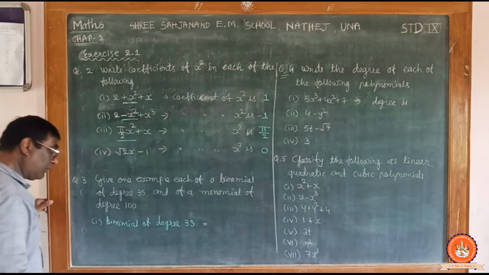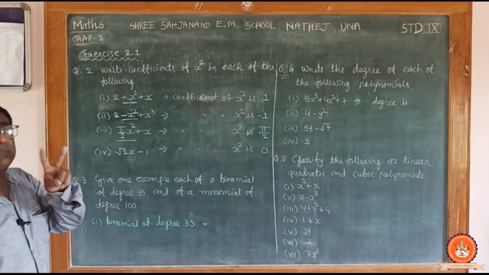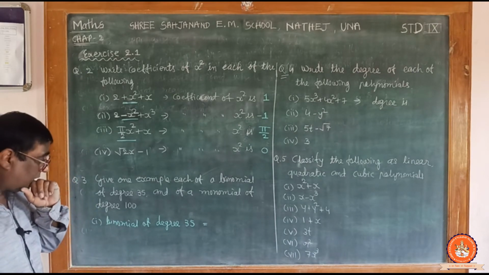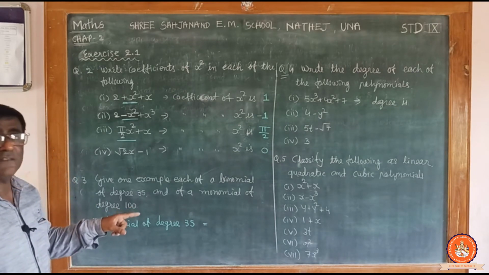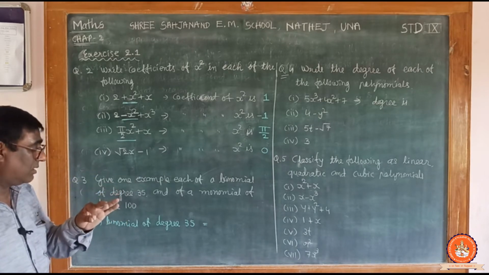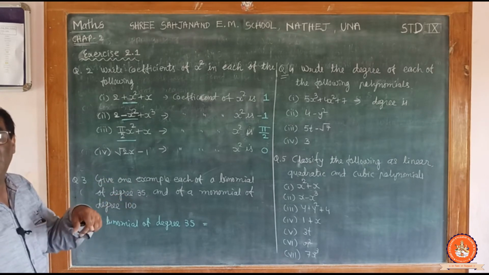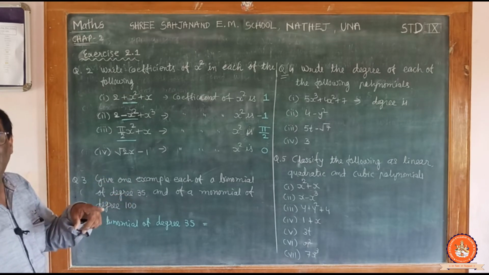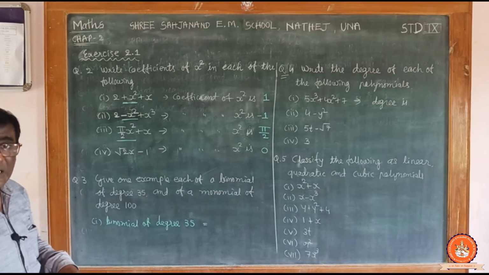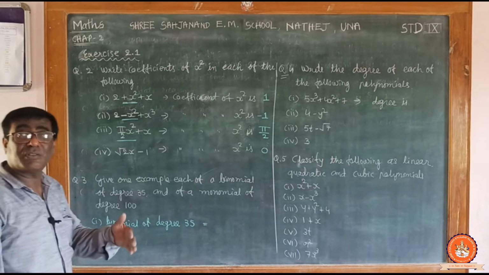Okay, binomial of degree 35. So binomial means there must be 2 terms, and degree 35 means the maximum power of the variable must be 35, and there must be a term with a variable having degree 35. The exponent of the variable must be 35 and not more than that.